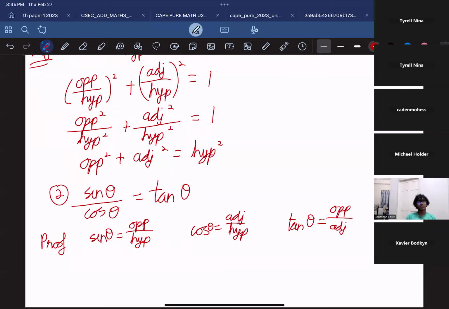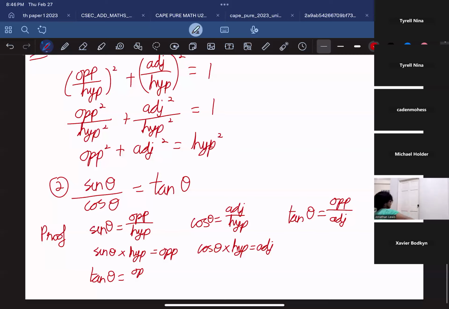Let's make opposite the subject here. So sine theta times hypotenuse is opposite, and cos theta times hypotenuse is adjacent. Tan theta is opposite over adjacent, which is sine theta times hypotenuse over cos theta times hypotenuse. That cancels, and you get sine theta over cos theta.